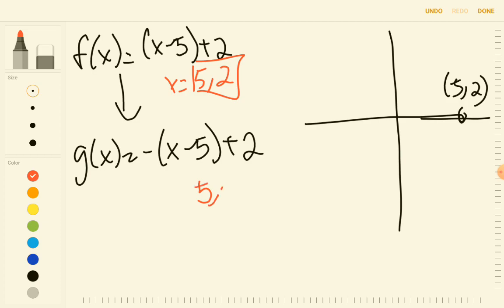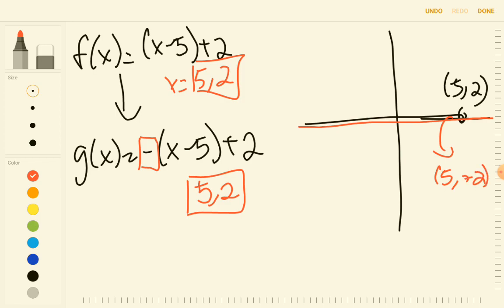And same thing for down here. But we have a negative symbol over here, so that means we would be flipping over the x-axis. So we would just take this 5 and 2, and we would flip it, and it would become 5 and negative 2. So our only transformation for this problem would be flip over x-axis.